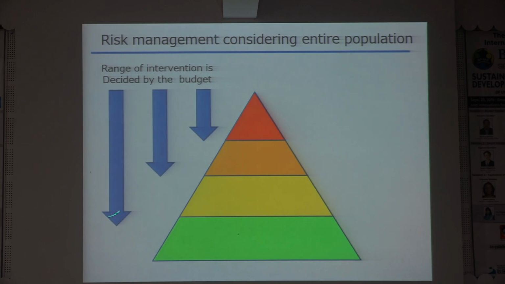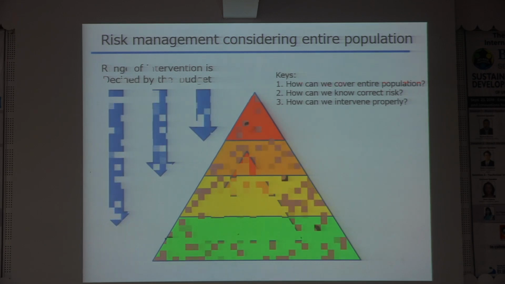If you have a lot of money, you can make intervention deeper. These 3 are the key of population management, risk management. I want to explain each one.